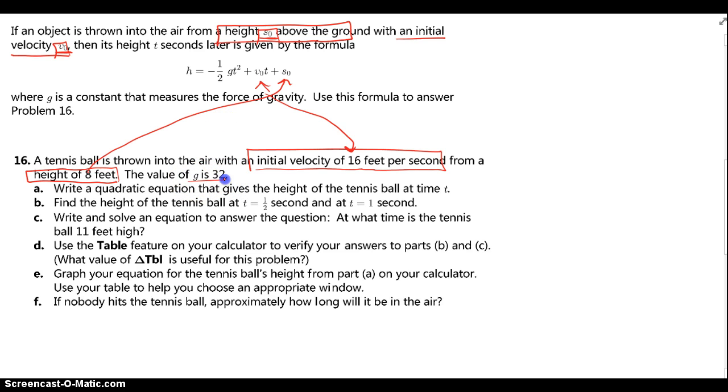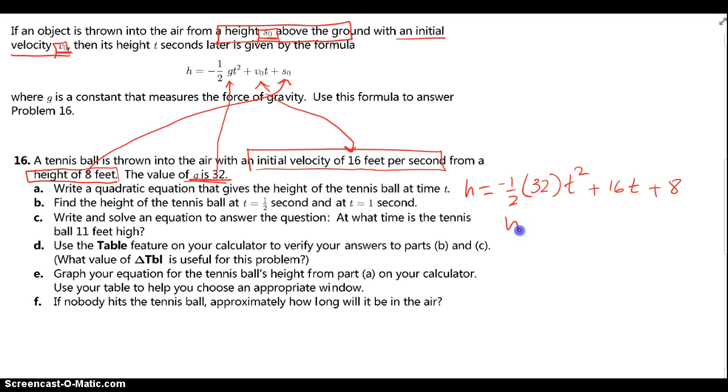So we know 32 goes right there. That's going to give me the equation that gives the height of the tennis ball at time t. So h equals -1/2. Let's plug in the 32 for the g value. That's going to be t squared plus v0 is going to be the 16 feet per second t plus s0 is going to be 8 feet.